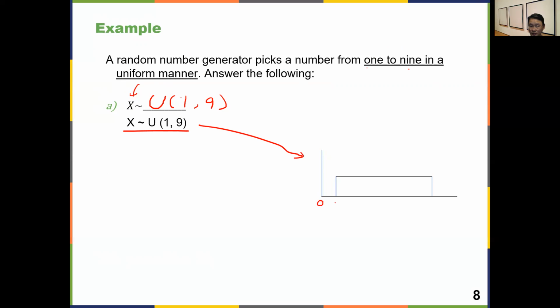This is 0. This is 1. This is 9. Now, can we guess the height of this box? Give a little bit of time. How do you find the height of this box? Given that the height times the base must be equal to 1. Let me give a little bit of time to find this height.